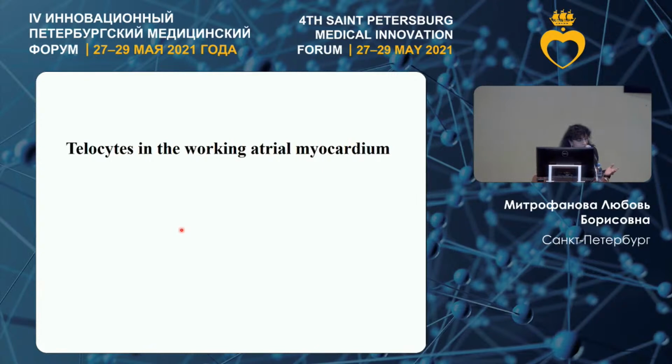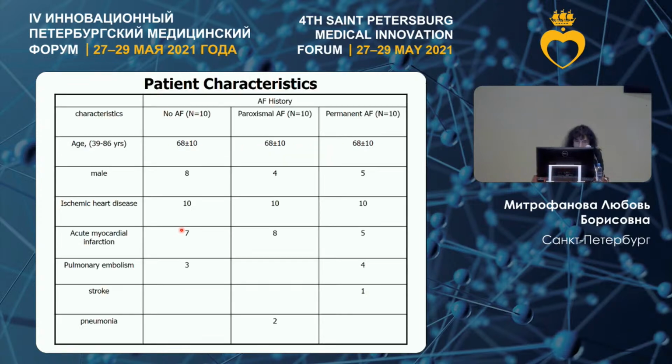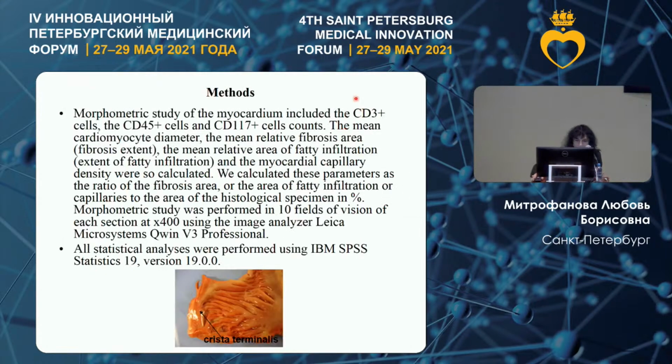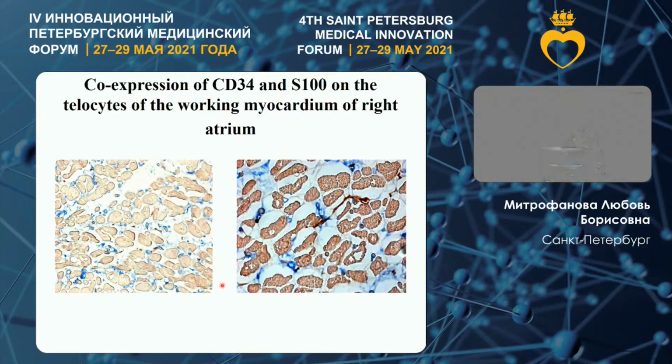We do remember that the most popular arrhythmia is atrial fibrillation. We took 10 patients with it, 10 with paroxysmal form, 10 with permanent continuous form, and we checked the crista terminalis. That's the route of the electric impulse that it makes from the sinus node to the atrioventricular node.